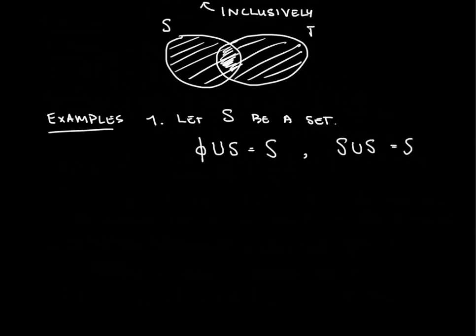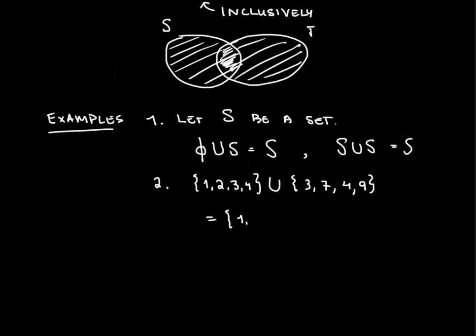Now, what about some less trivial examples? I have, let's say, {1, 2, 3, 4} union {3, 7, 4, 9}. I simply take all of the elements and I don't take into account the multiplicity of the objects.